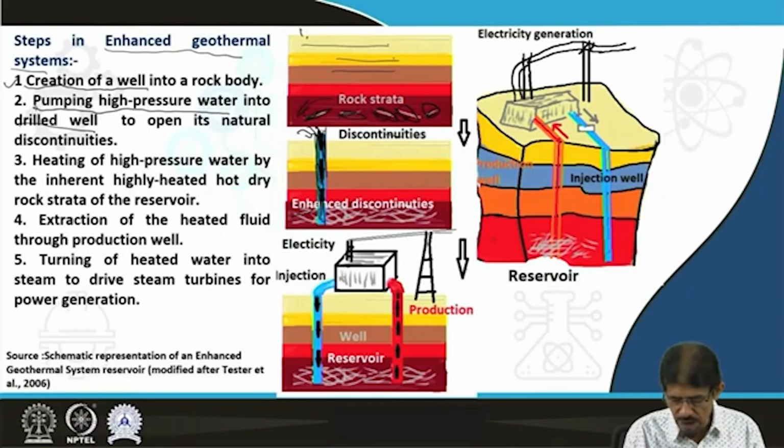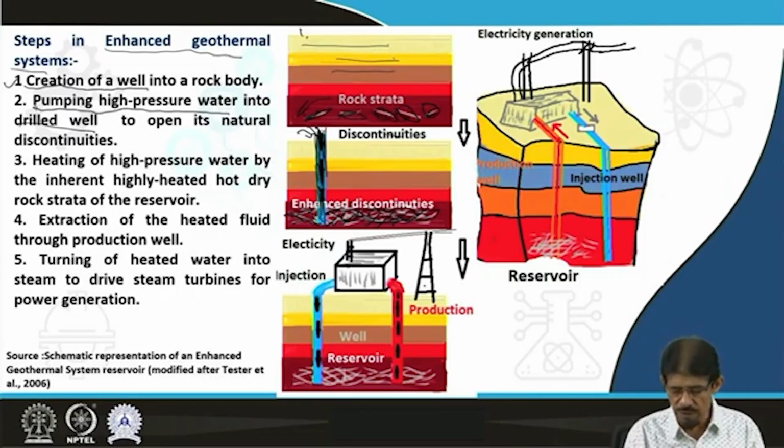Therefore, you can see after injection of water, there is a development of a network of discontinuities. The enhanced discontinuities provide conduits for the movement of the fluid as well as enhance the permeability of the reservoir, suitable for extraction of geothermal energy. So pumping water enhances the discontinuities, reopens the inherent discontinuities and improves the permeability.